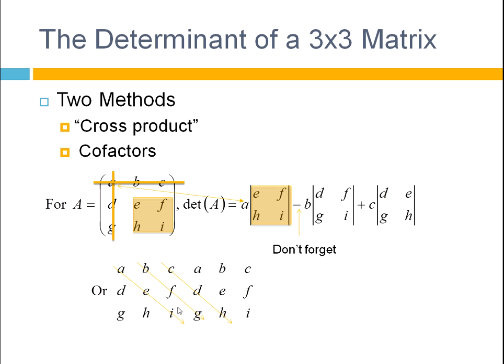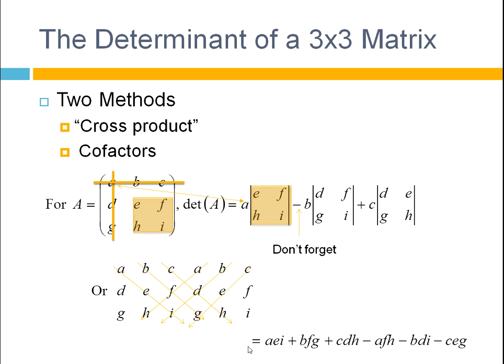So A times E times I plus B times F plus G times G, and then you do it in the opposite direction and you subtract these. These are starting at the top of the second matrix and just going diagonally in the opposite direction and subtracting those. And if you were to manipulate all of the algebra on these two formulae, you would get this expression here.